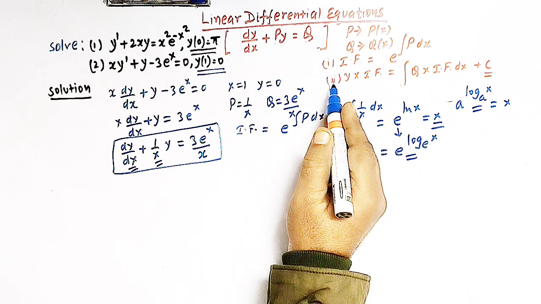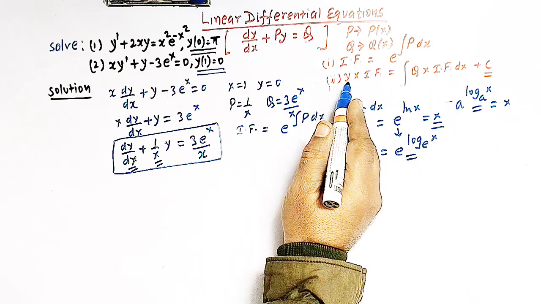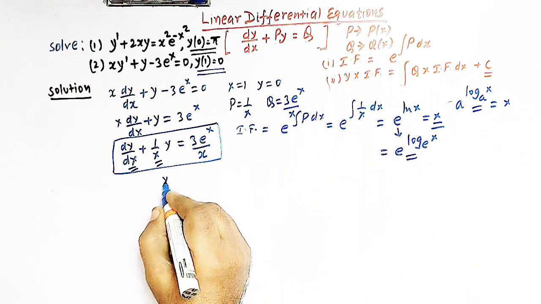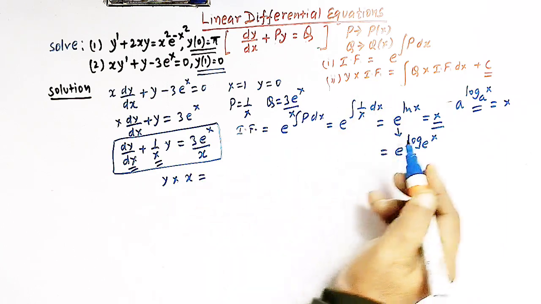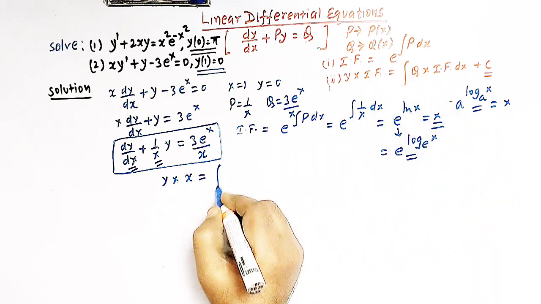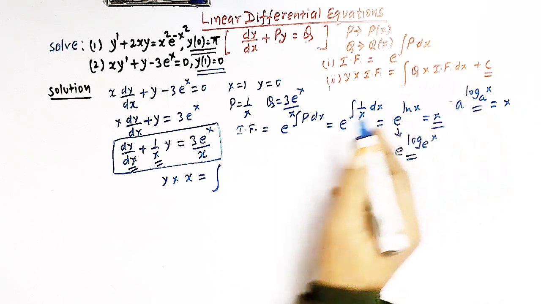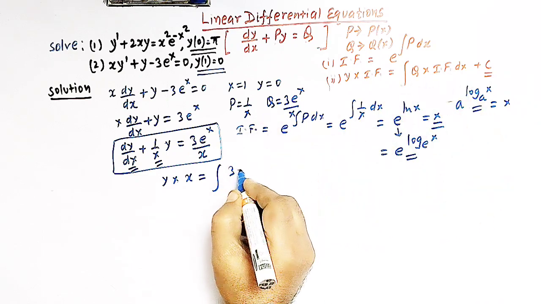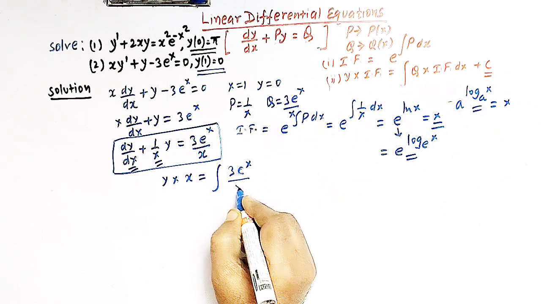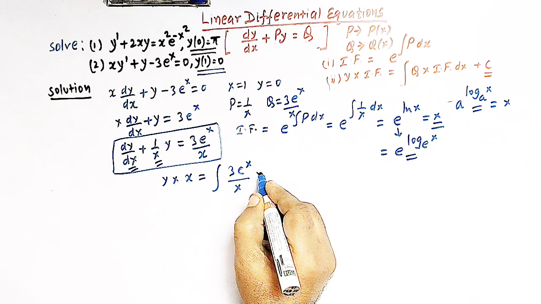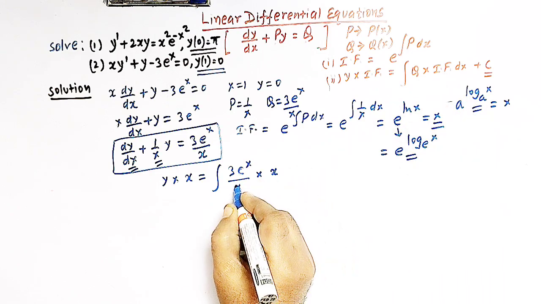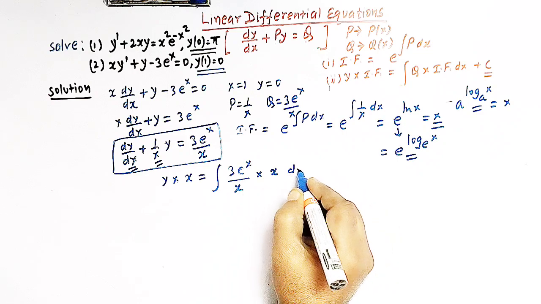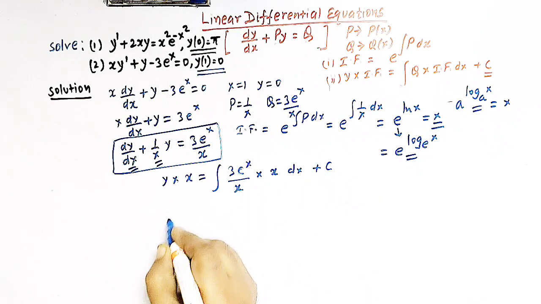Okay, so now the general solution is given by this expression. So we have y times integrating factor, which is x, and then we have integral q times integrating factor. Q is 3 e raised to x over x, and then we have the integrating factor, that is x, and dx, and c is the constant of integration.